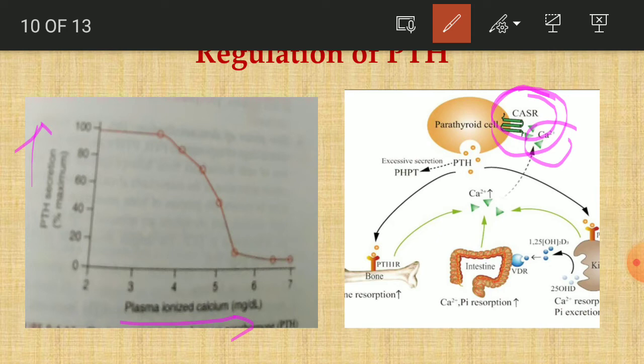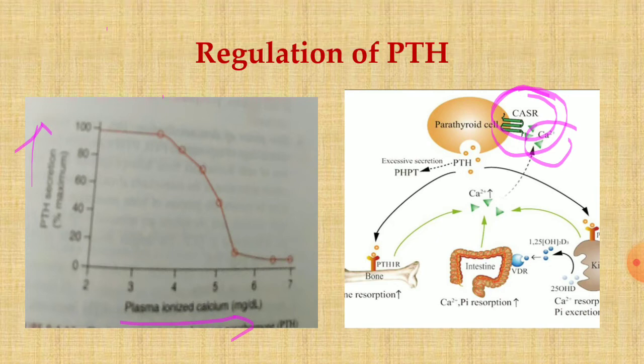So if I summarize the regulators of PTH release, what do I get? First is ionized calcium. The relation is inverse. With a fall in ionized calcium, there occurs increased release of parathyroid hormone. Next is phosphate.